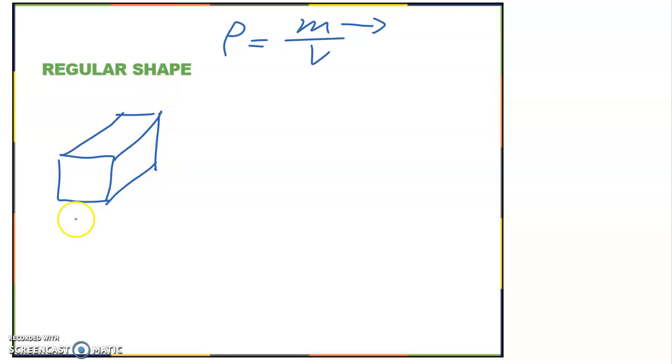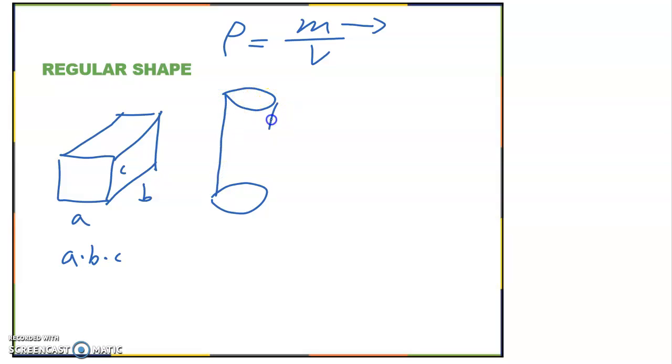If it is a shape like this, then the volume will be equal to A times B times C. If it's a cylinder with radius R and height H, then the volume will be equal to pi R squared, which is the area of the base, multiplied by the height.